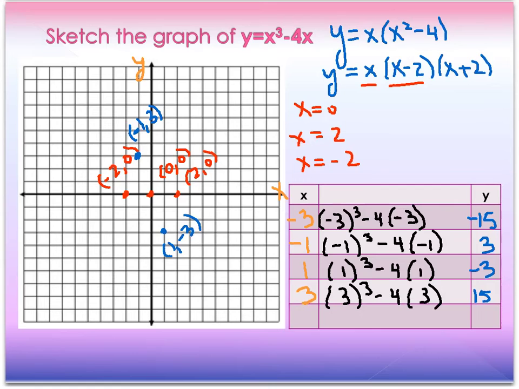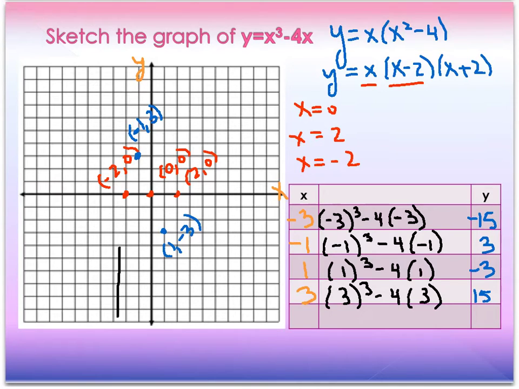As you can see, since negative 15 and positive 15 are off my graph, we still know that since it's cubic, we're going to start down here because our leading coefficient is positive. We're going to go up, come down, hit our points, and then end up going back up. So that's exactly what we're going to do.